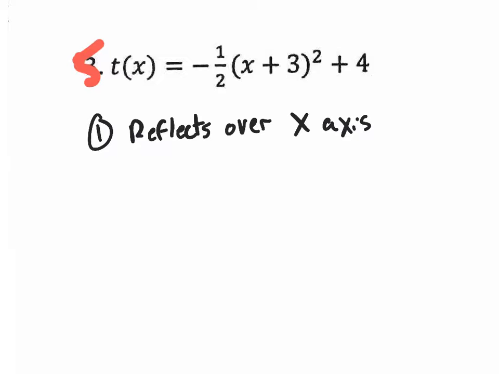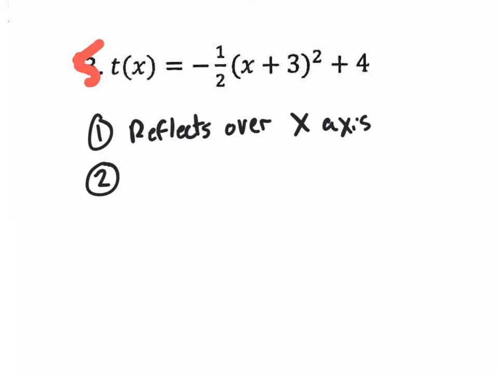And then we move on to the second thing that the a value tells you. It tells you whether it's wider or narrower than the original parent graph. So what do you guys say? Is this going to be wider or narrower? Wider. It's closer to 0, which means it's going to be wider. Now, what does that mean in terms of a vertical stretch or a compression? A vertical compression.